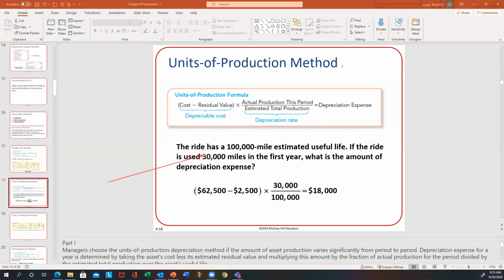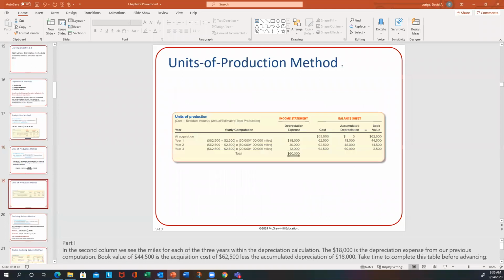So in the first year, if they use 30,000 miles, you simply take 30,000 divided by 100,000, which is 30%, multiplied by that cost minus residual value base, and that will give you your depreciation expense. So that's how the units of production method works. And here's the table again, showing that your base stays the same, but each year they're multiplying by a different rate depending on what they use. So it's more of a cause and effect type of formula. Again, notice book value always ends at the residual value.